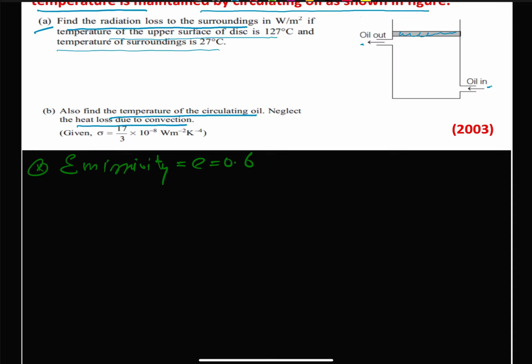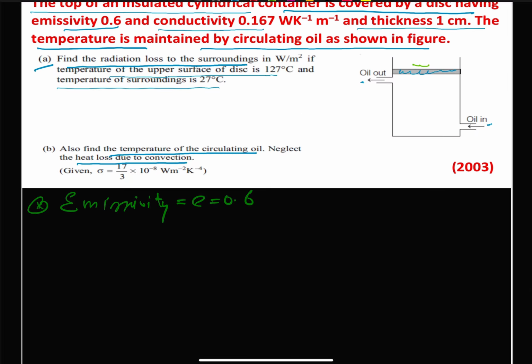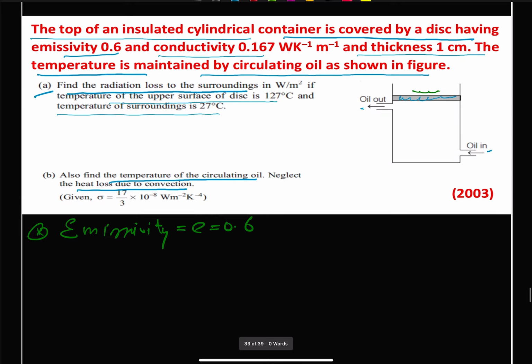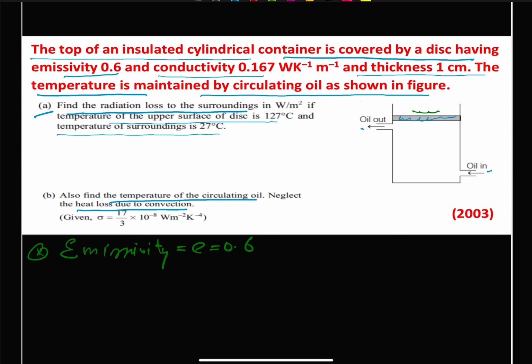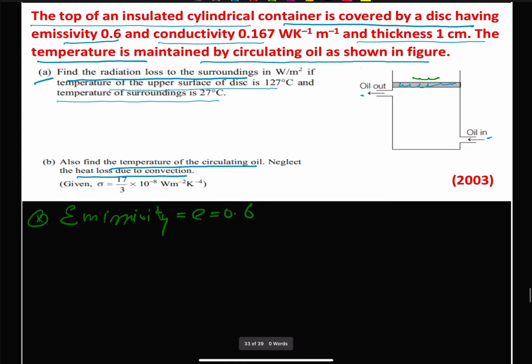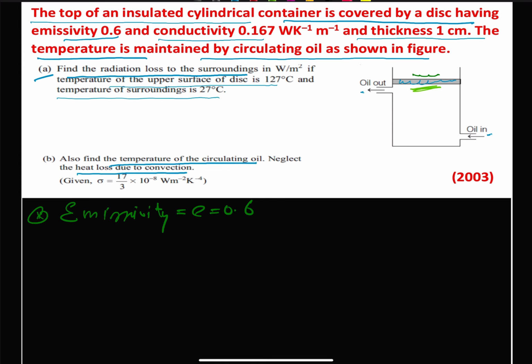Then we are given the disk upper surface temperature, which is this upper surface, and the surrounding is this top one.